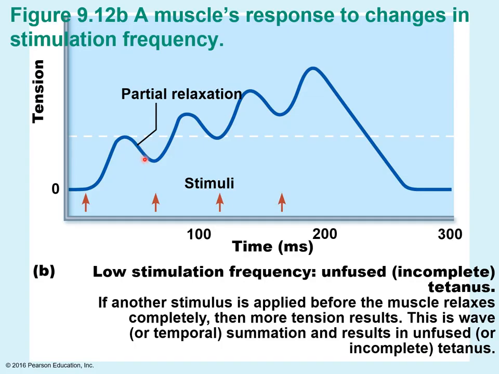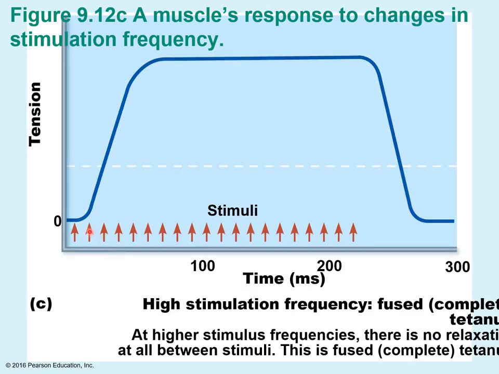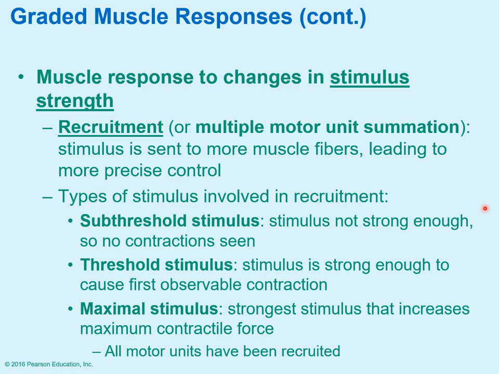And because you've restored enough, it can respond, but you're starting at a closer point. From a graph standpoint, you don't have as far to go. So you gradually get stronger and stronger contractions. And then this is what's known as complete tetanus. As you can see, you reach this plateau. This muscle is going to fatigue.